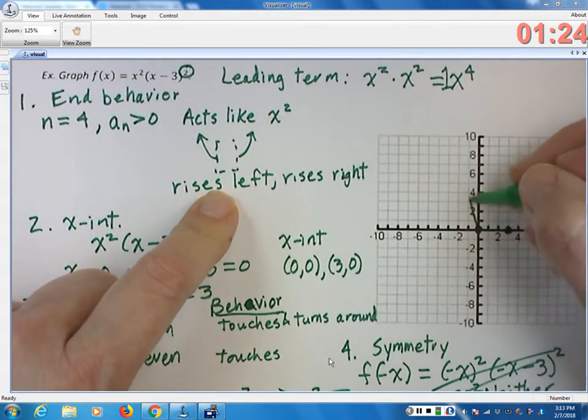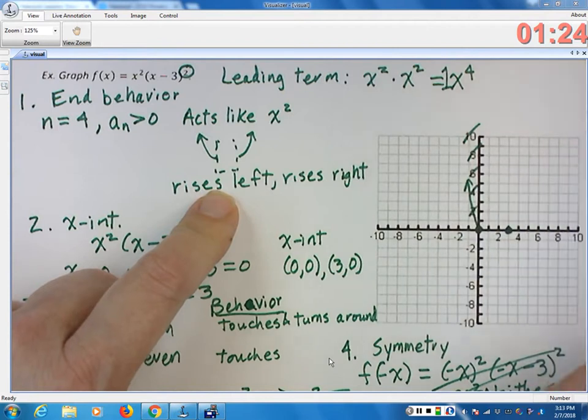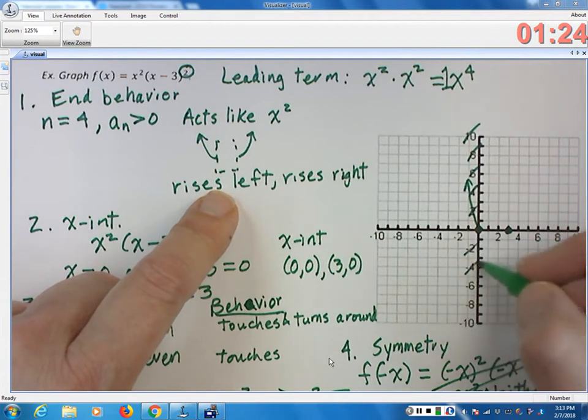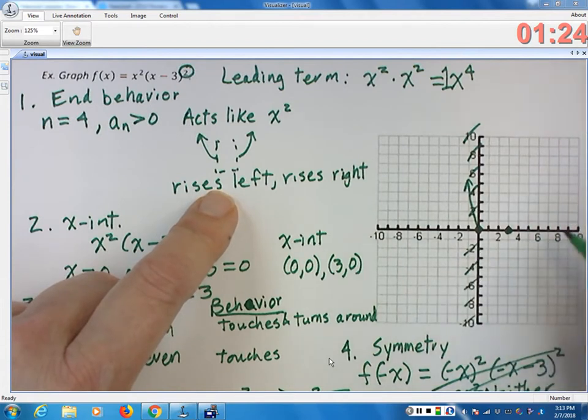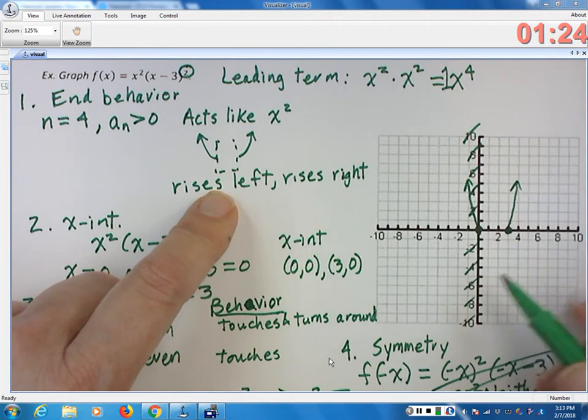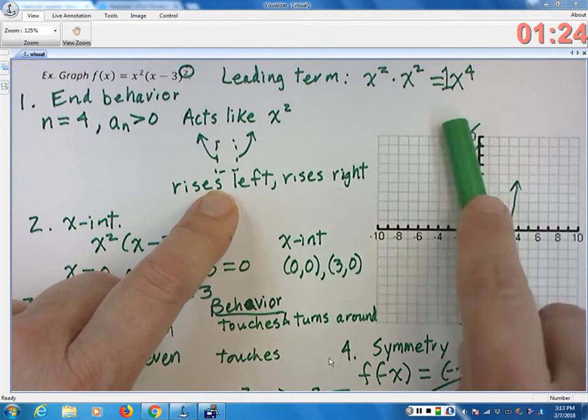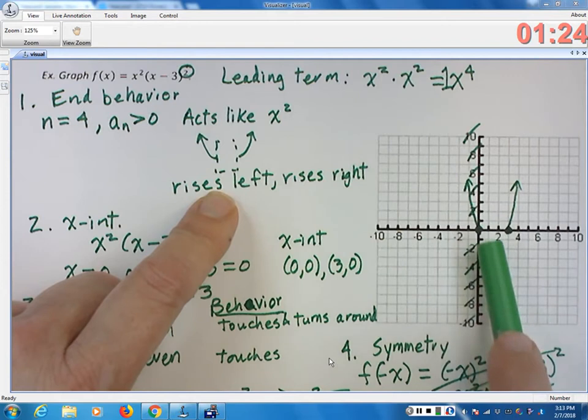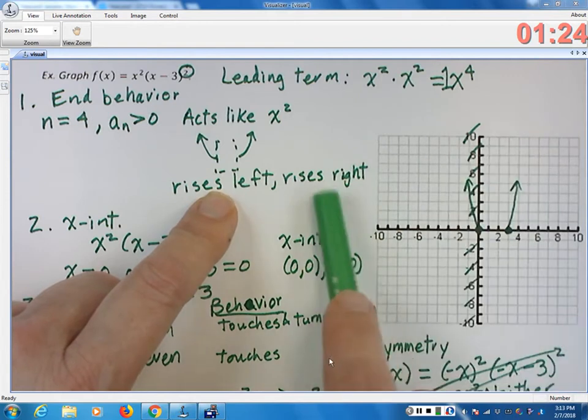The scale on the y-axis ends up being really high because this is x to the 4th power. Then it rises to the right of the rightmost 0. That's the end behavior.